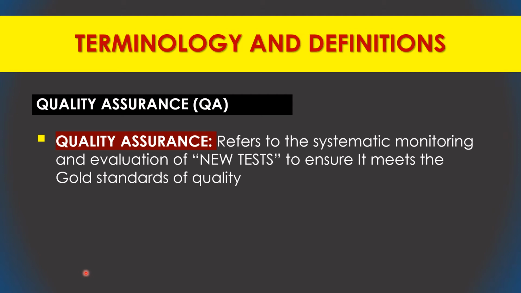We are going to use this test by having some data collected from the test over many patients, many times, along many years. We collect this data and put it in an evaluation against what we call a gold standard. So this is the systematic monitoring and evaluation of the new test to ensure that it meets the gold standards of quality.